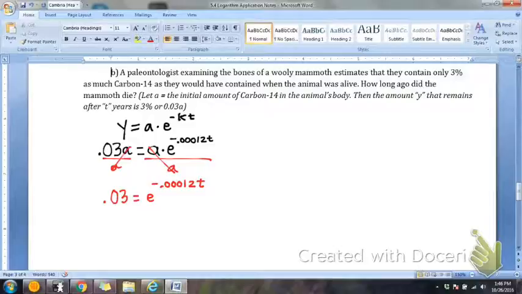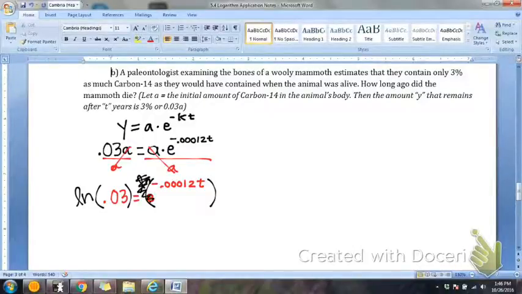Not quite. Chelsea, help him out. You cancel with the ln. Remember, Quentin, we need to get that E off of there, and the only way to get the E off of there is to take both sides to the ln. Yep, you have to do both sides. Why do you have to do both sides, Quentin? Perfect. Whatever you do to one side, you have to do to the other side.